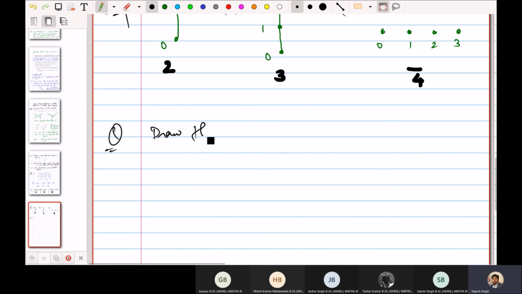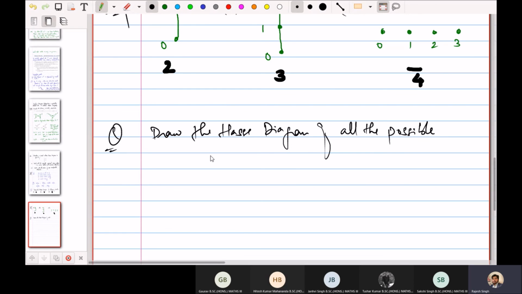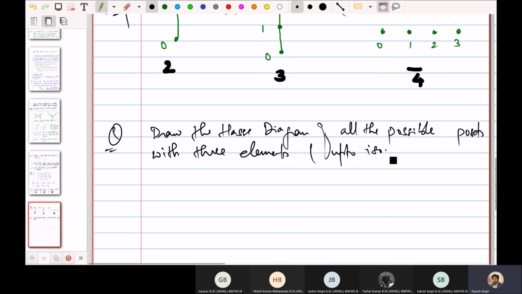Draw the Hasse diagram of all the possible posets with 3 elements up to isomorphism. Okay, so same. Yes, बताओ.